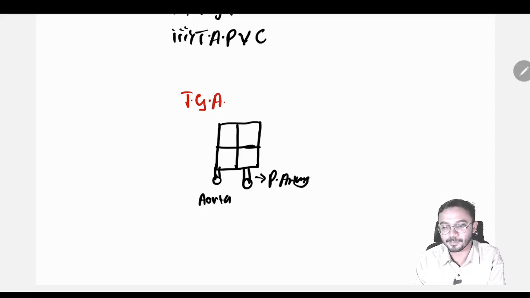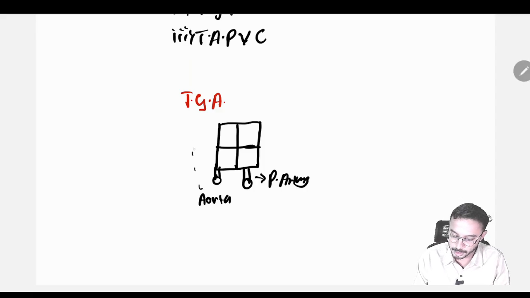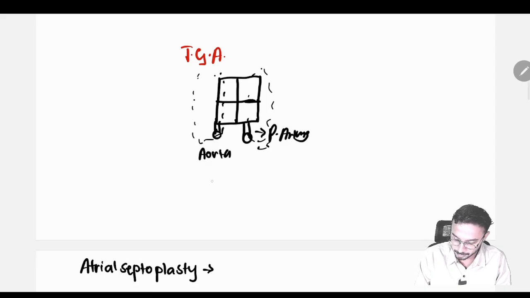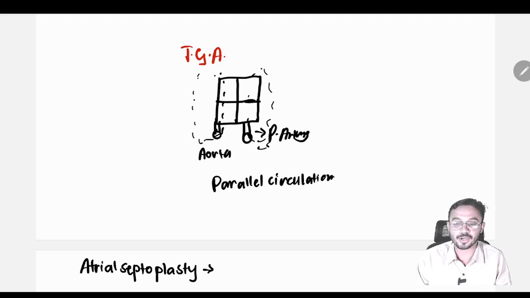Deoxygenated blood. Normally the pulmonary artery should pump deoxygenated blood, but here the opposite is happening. This aorta is pumping the deoxygenated blood, and it will keep on going like this, a cycle. So that is known as parallel circulation. Parallel circulation.